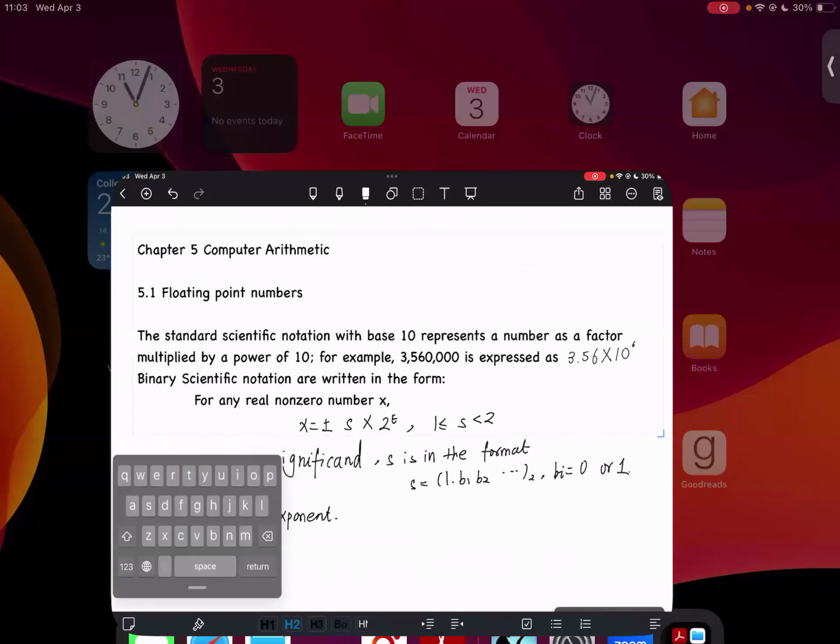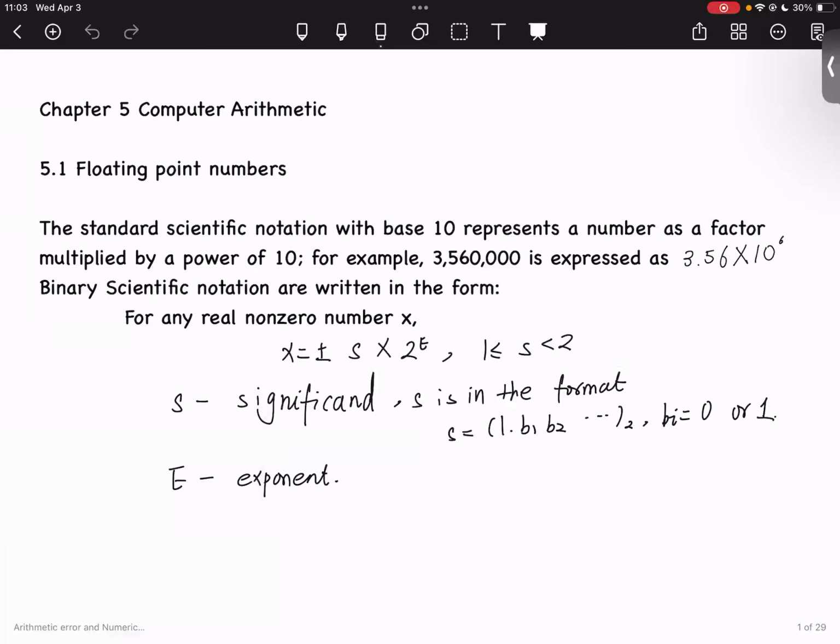Let's have this one. Okay, so we have the floating point numbers. Usually we use scientific notation with base 10, representing the number as a factor multiplied by a power of 10.